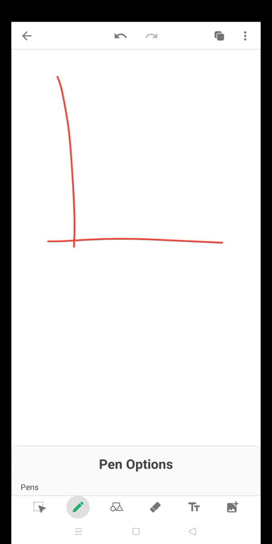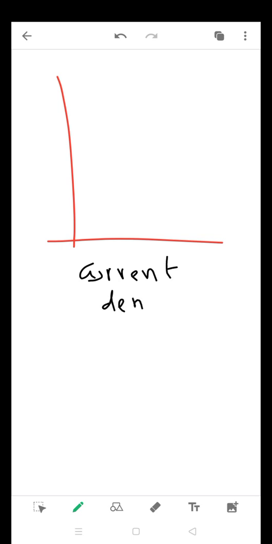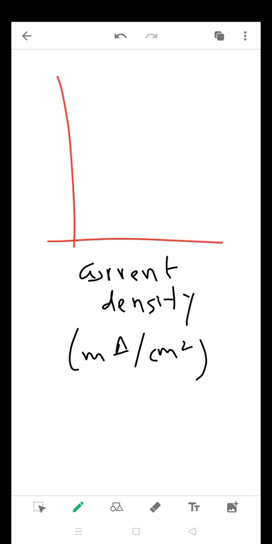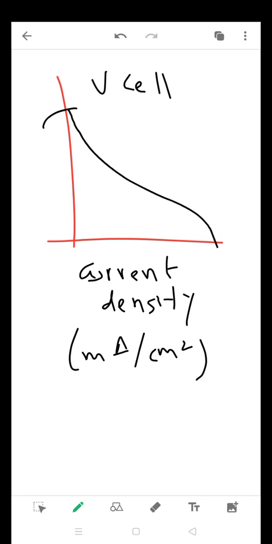This is the current density, expressed in milliamp per centimeter square, and this is the cell voltage, V cell. The typical plot of a real cell looks like this. Now there are three regions corresponding to the three different losses.